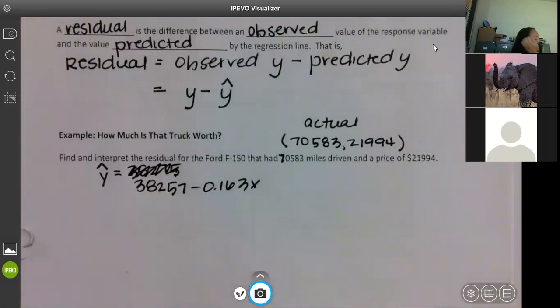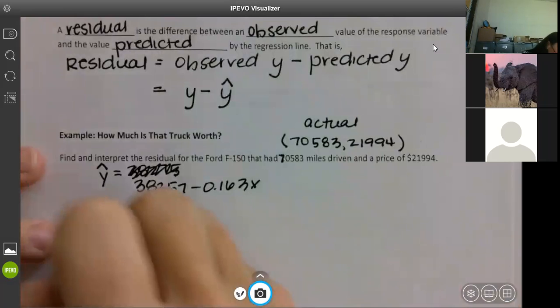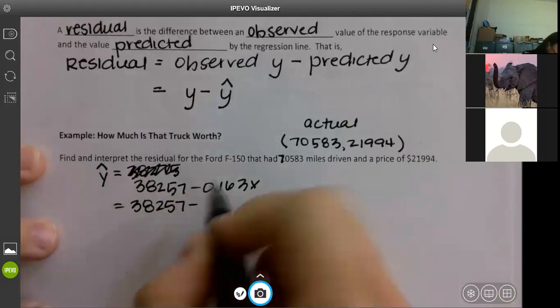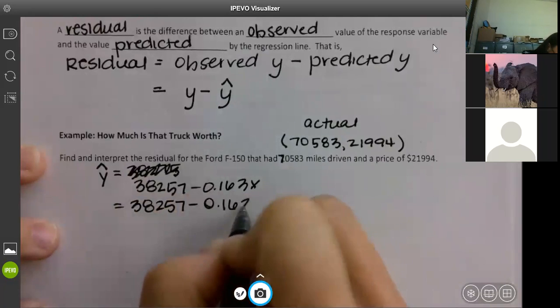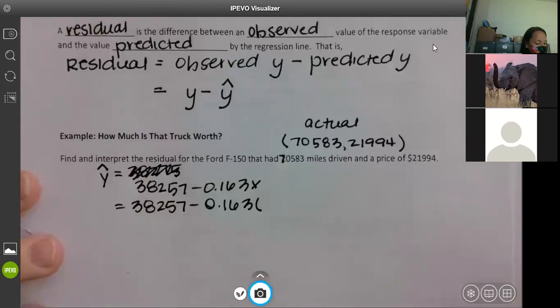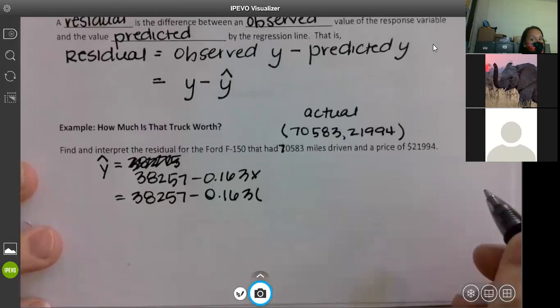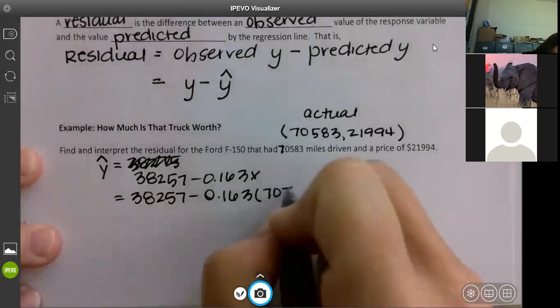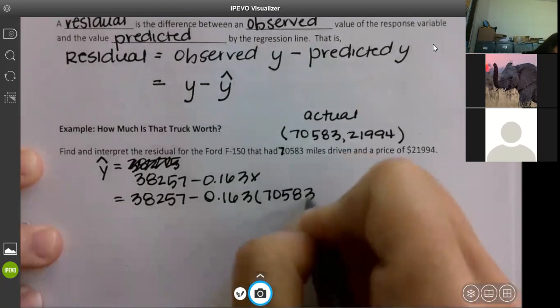So we need to find the predicted. We're going to plug in how many miles driven. How many miles has this truck been driven? Perfect.